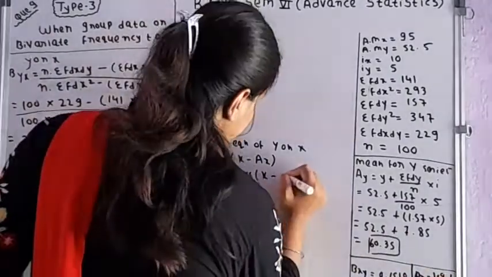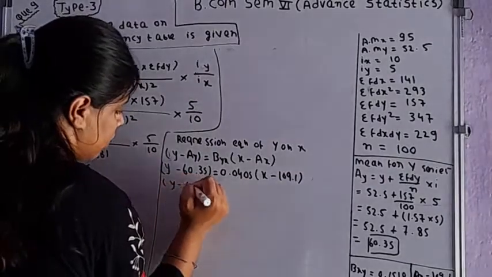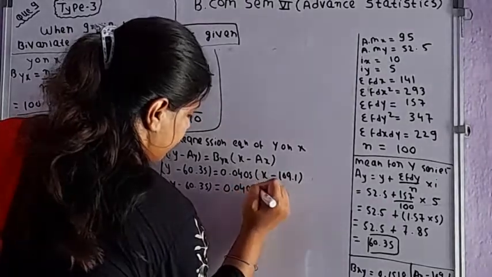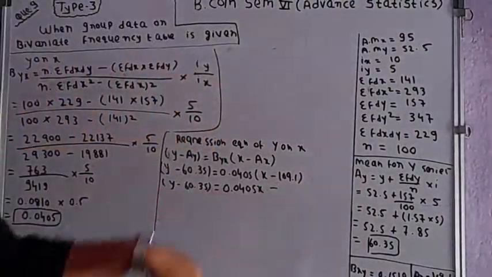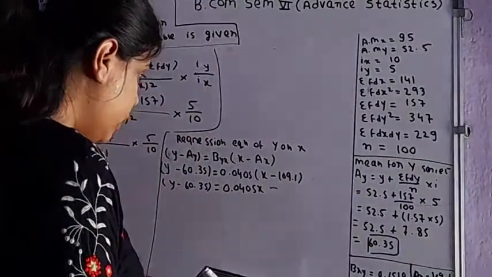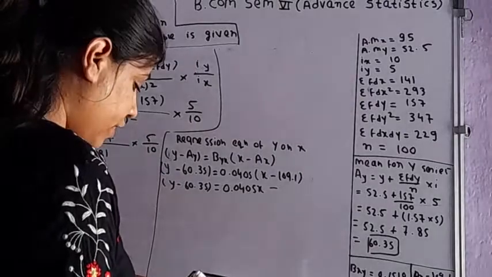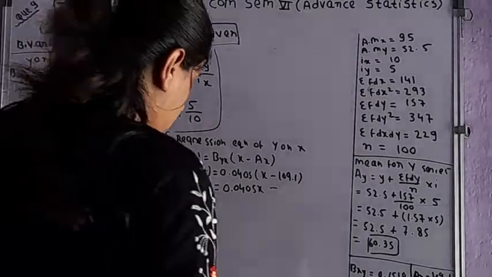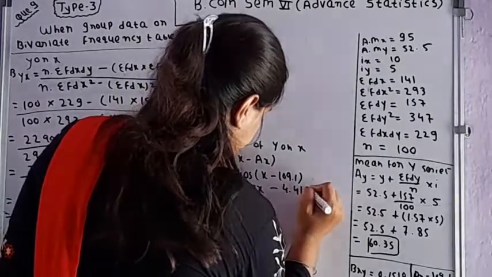What is the value of ax? 109.1. After that, y minus 60.35 equals 0.0405 into x minus 109.1. Multiplying 0.0405 into 109.1 comes to 4.41855.